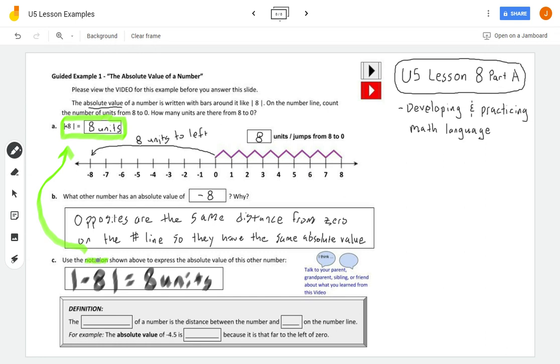Now, when you type this in, you're going to look for a button that looks like this, slash, slash. It's on top of the Enter key and right below the backspace key. And so you'll see an up and down line. That's the absolute value bar in this context. And then a slash, which is basically like a backwards fraction bar.